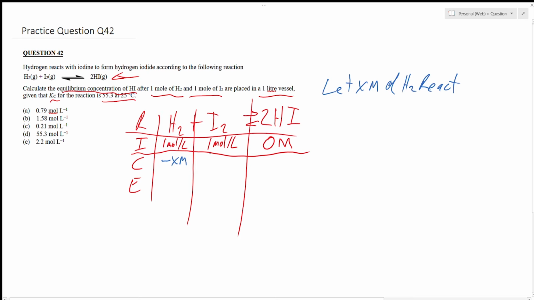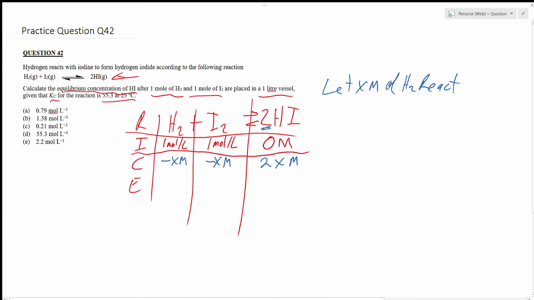And if we're consuming X molar of hydrogen, then we're also going to consume X moles per litre of iodine.